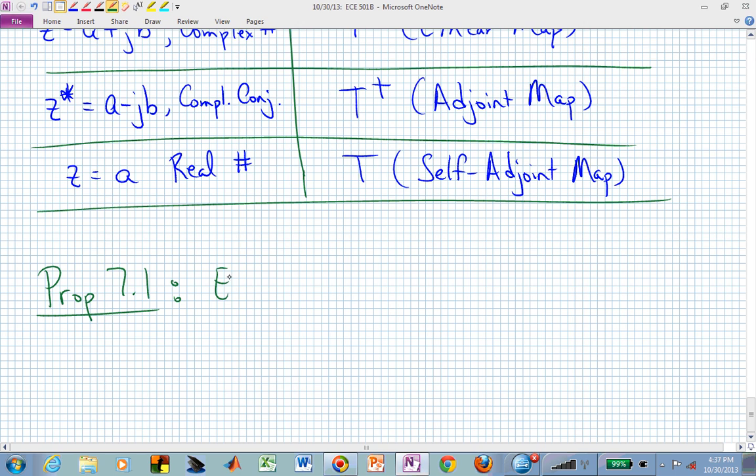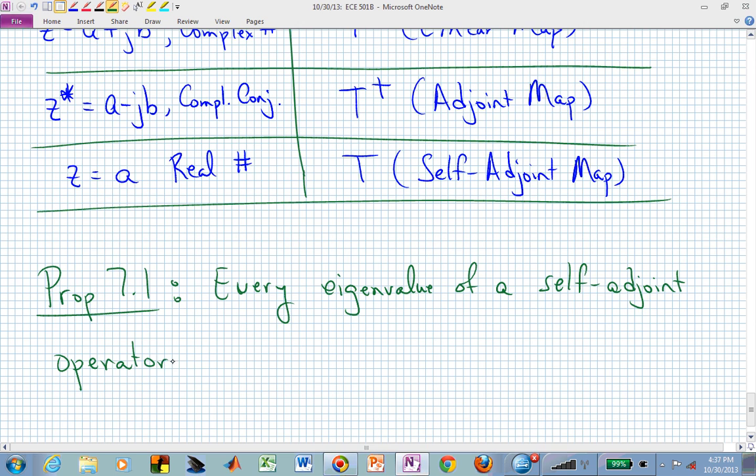Every eigenvalue of a self-adjoint operator is real. Wow.